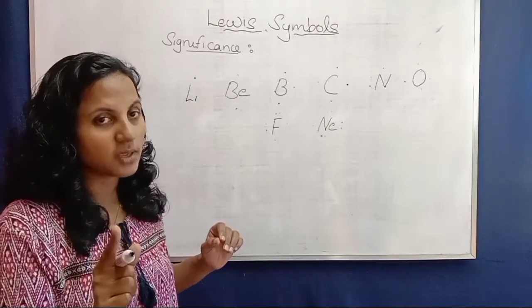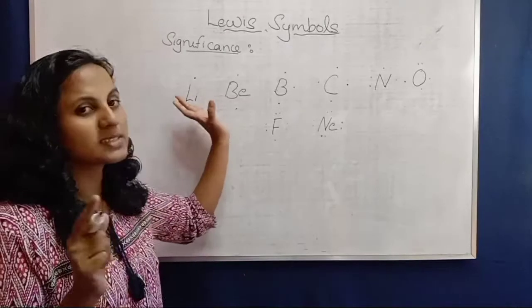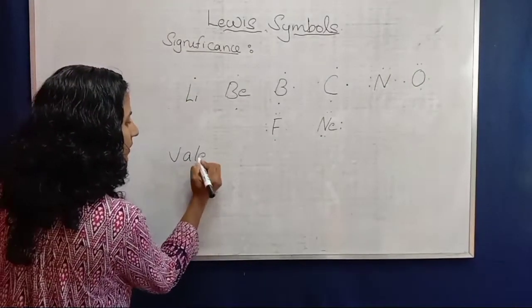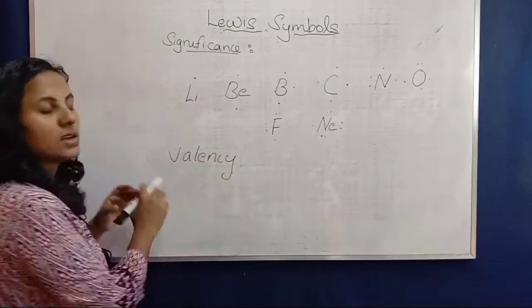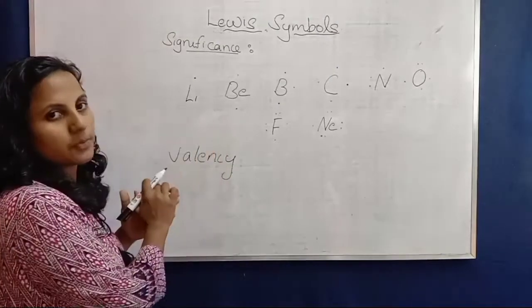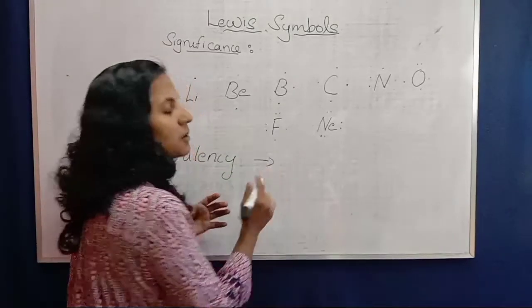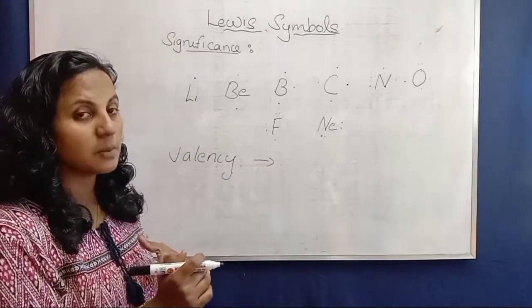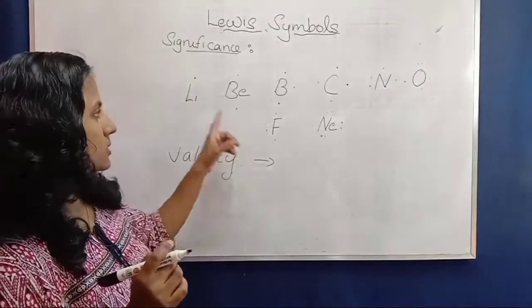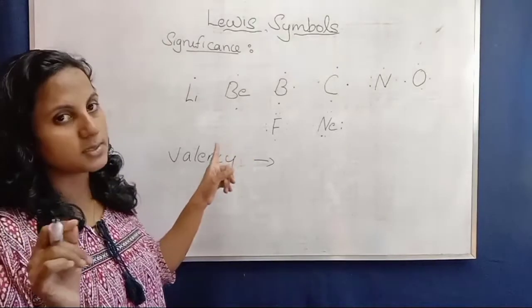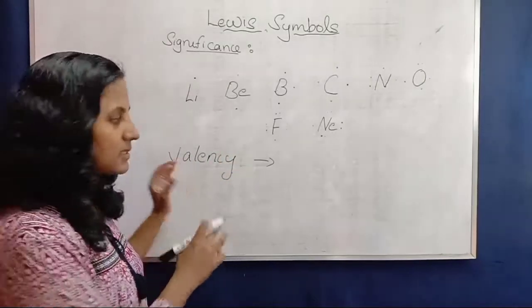What is the significance? By using these Lewis symbols, we can know the valency of the particular atom. How can we know the valency? The valency will be either the number of dots or 8 minus the number of dots.